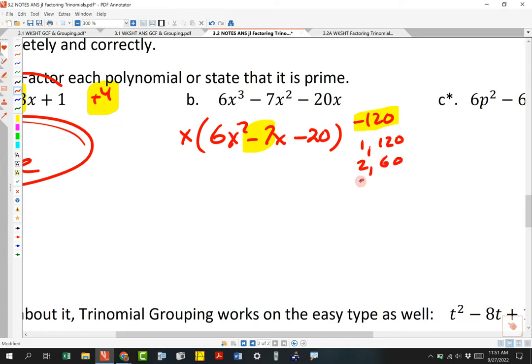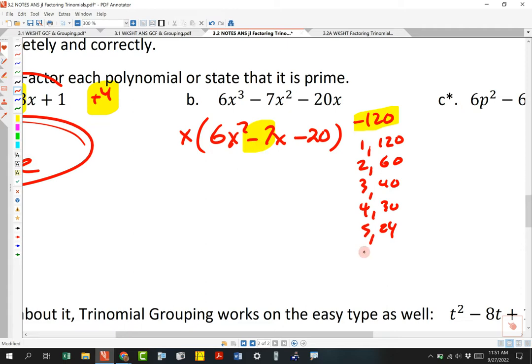Nope. 3 and 40? Nope. 4 goes in there 30 times. 5 goes in there 24 times. Okay, we're getting a little closer, because the difference between the two of these is 121, and the difference between the two of these is 19. I need the difference to be a 7.